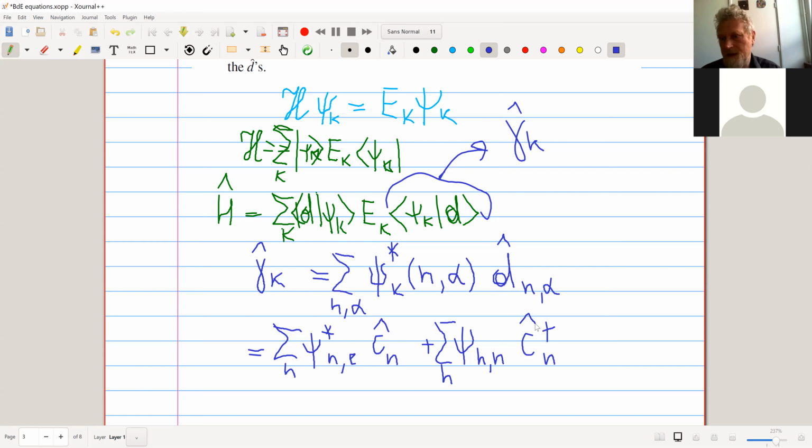of these annihilation and creation operators. So it doesn't correspond to any definite type. It is a superposition of electrons and holes. That's why we use these indices electron and hole. Good.